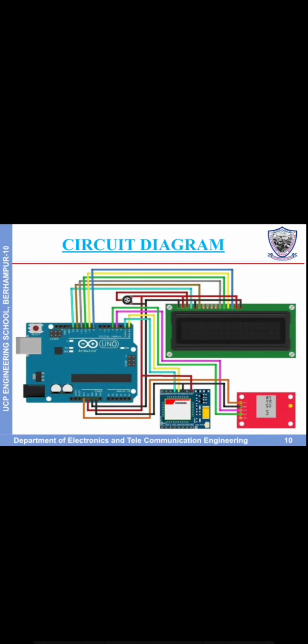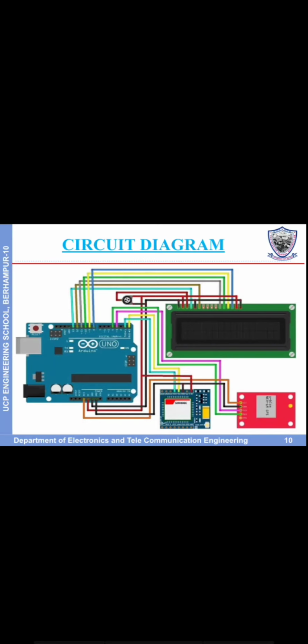Now I am discussing the circuit diagram. In this circuit diagram, 3 main components are used. These are the Global Positioning System or GPS, GSM module and Arduino.